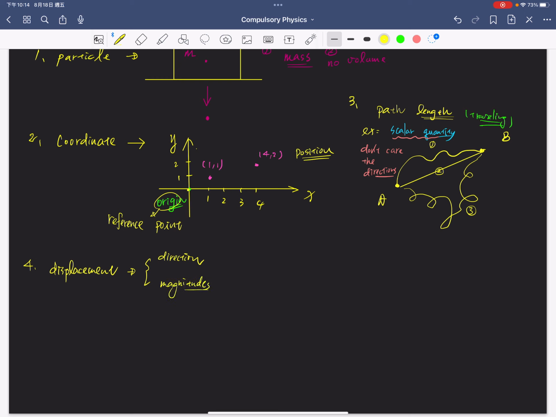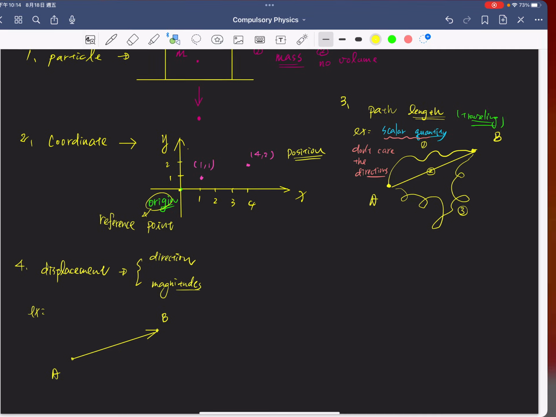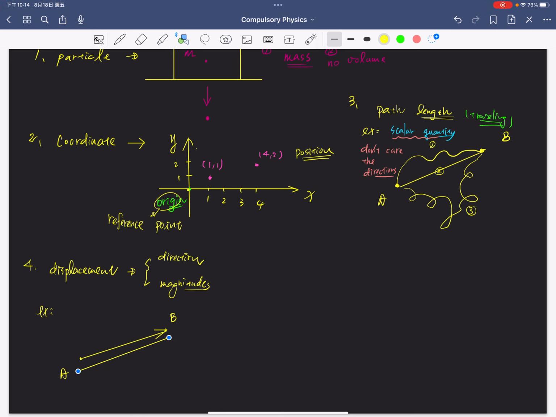Take the example: here is a point A and here is a point B. If you go from A to B, it is like this one. And you can also go from B to A. From A to B and from B to A are different displacements.